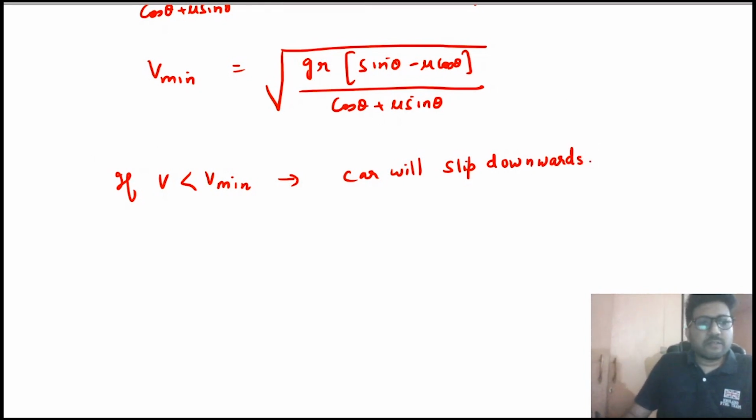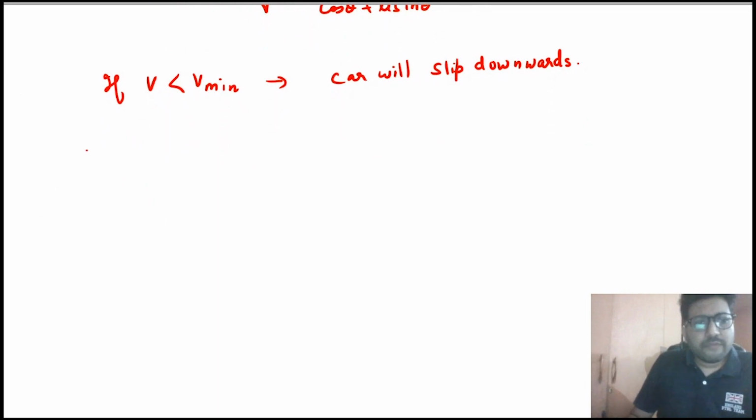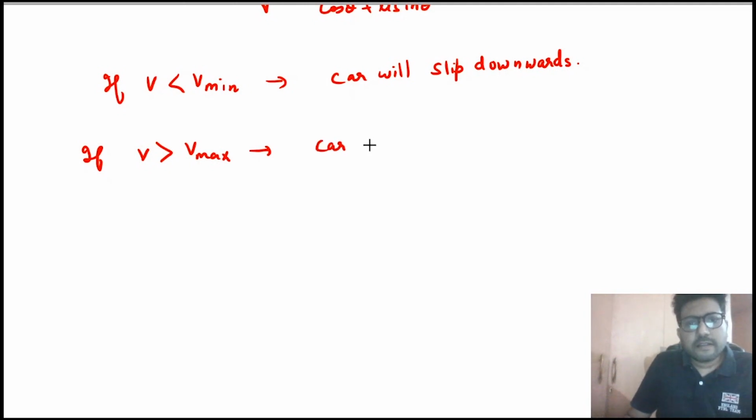Now let us come to a conclusion here. If v is greater than v max, car skids upwards and friction becomes kinetic.